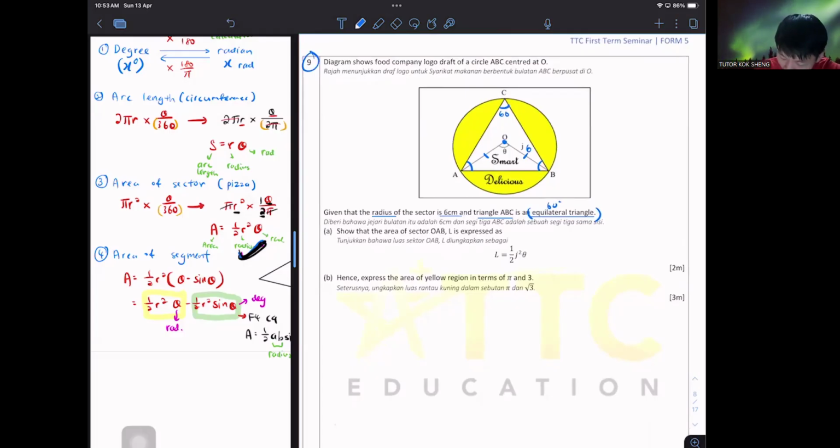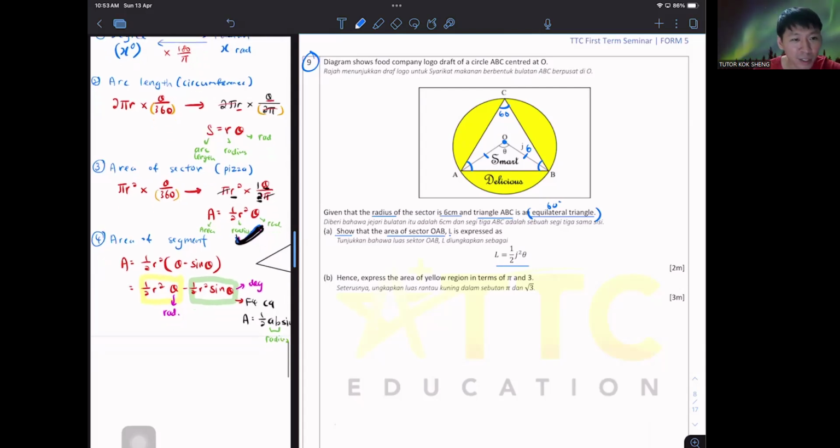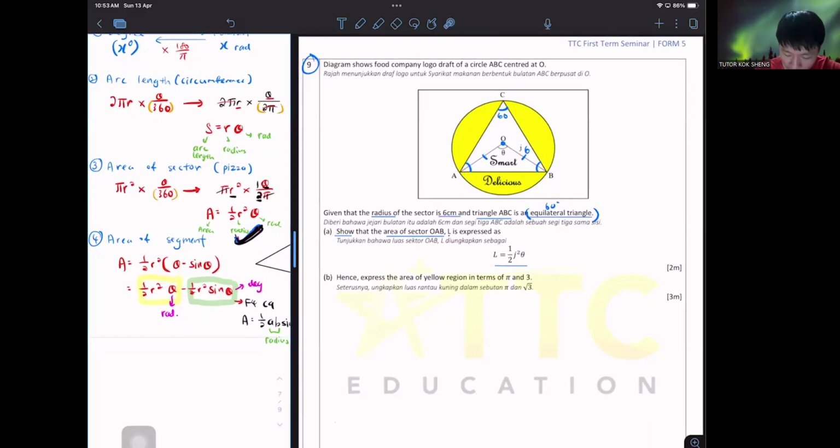Any other info? No worry. First one, A. Show that the area of the sector OAB is expressed as this. This is the one that I said, you have to prove the formula. Just like the sector area, this one. Just copy the same thing, but they are using J for the radius. You have to follow.